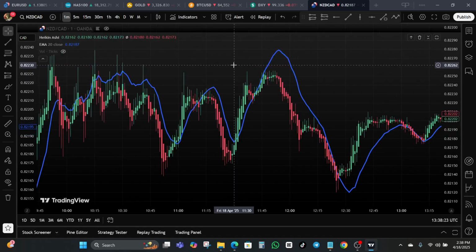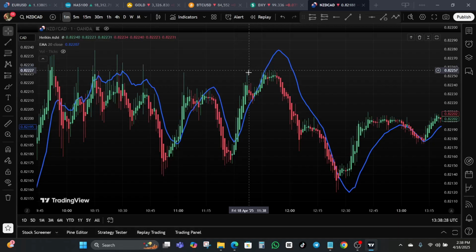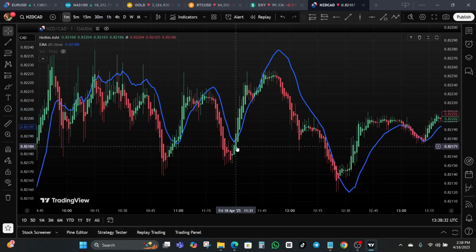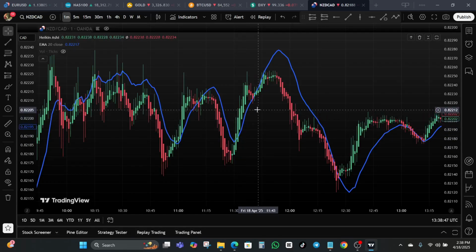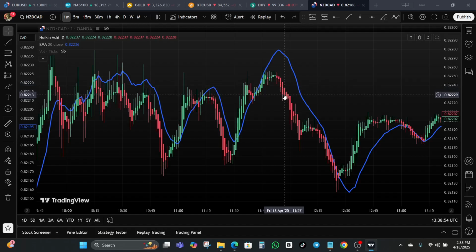Now, for our entry rules, you have to wait for price to cross above or below the 20 EMA. Price has to cross above the 20 EMA, then you watch for 3 consecutive Heikin Ashi candles of the same color. So green candles above EMA is equal to a buy setup. Then when you have red candles below the EMA, you should be looking for sell setups.